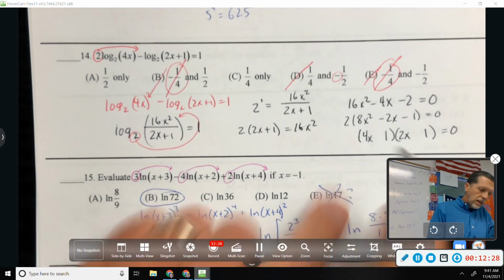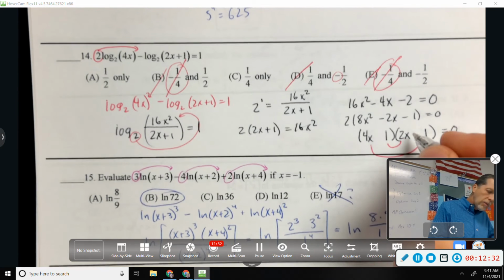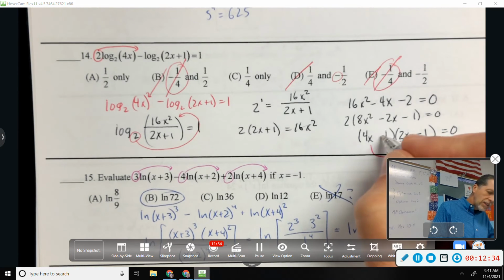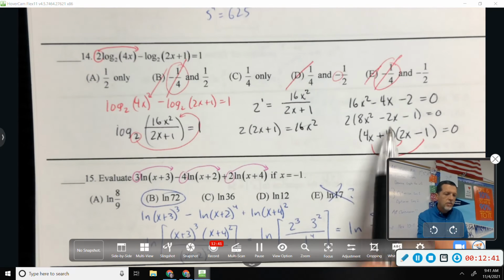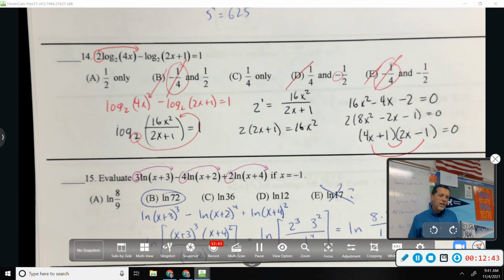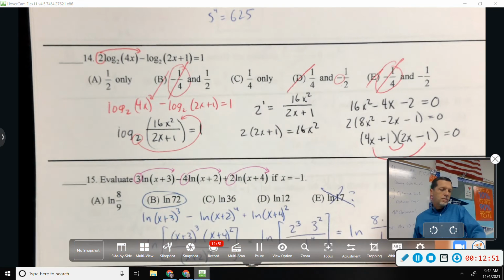Let's see. I think I want the 4x to be negative and the 2x to be positive when we FOIL. That way I'll get a negative 2x out of that. And now we can kind of see, well, 1/2 or 1/4, we're going to get one of those.